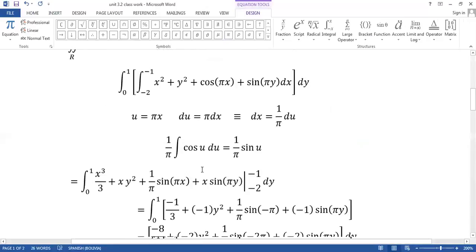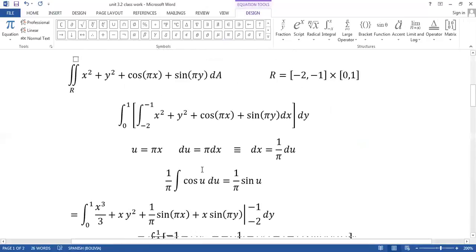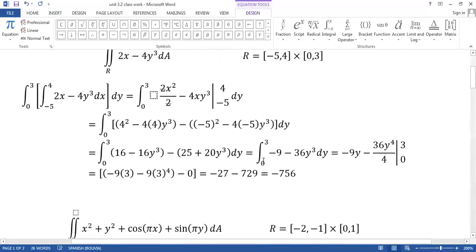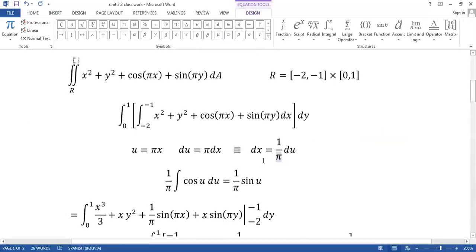Well, I didn't see how you get the 1 over n, first of all. 1 over pi, not 1 over n. Right here. Well, you had done the one below first before you did that. No, not that far up.